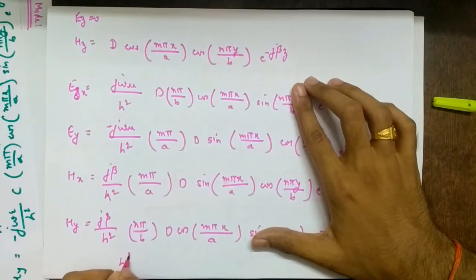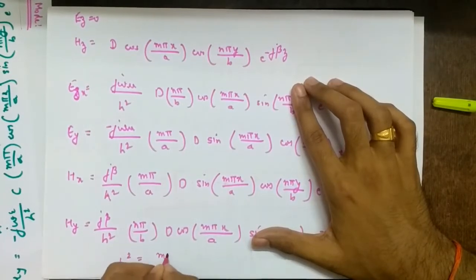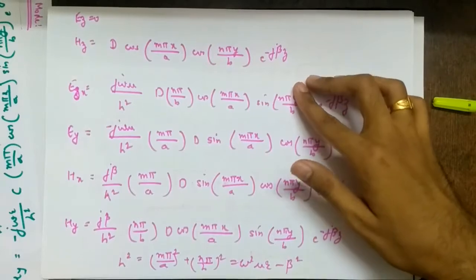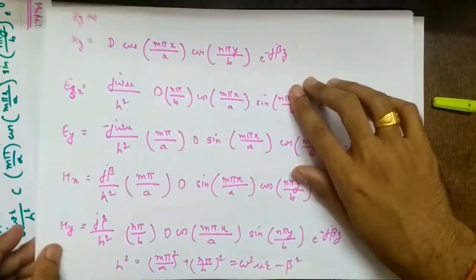Again, h square is m pi by A the whole square plus n pi by B the whole square, which is omega square mu epsilon minus beta square. So the h square value is the same as the TM mode, right?